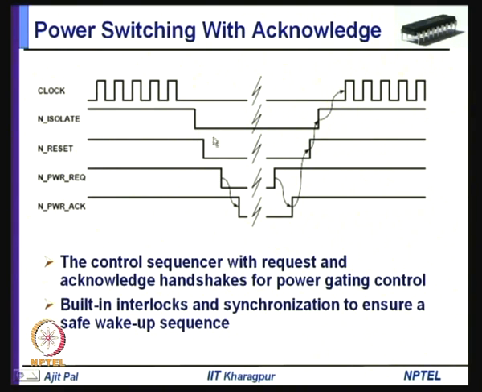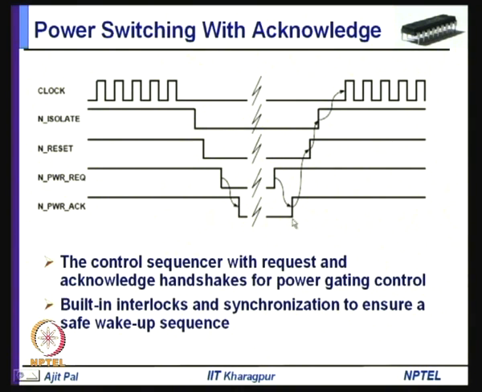After isolating, you generate the reset signal, then the request is sent to the switching fabric for power down. Obviously, the switching fabric will take some time to power down, it will switch off, then send an acknowledgement signal.